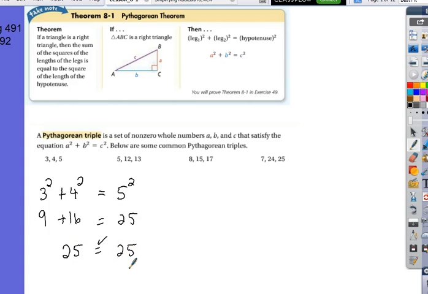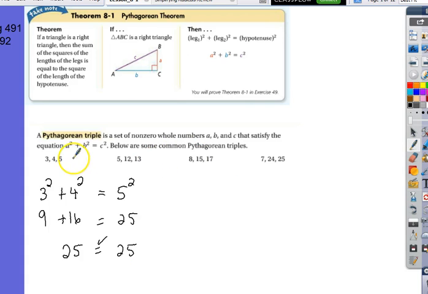Since those 3 sides make up a right triangle, we've grouped these as Pythagorean triples. So if you have 3 integers and the sides of those integers make a right triangle, that's a Pythagorean triple.